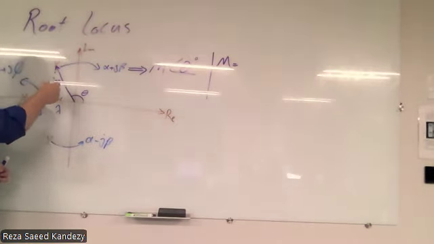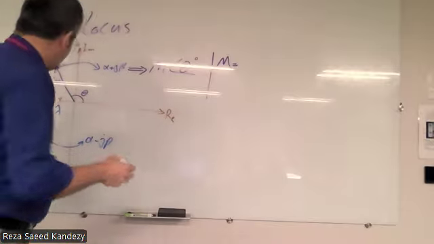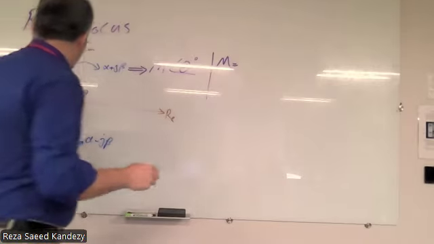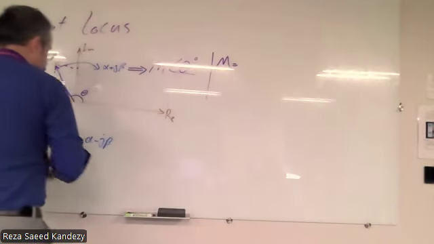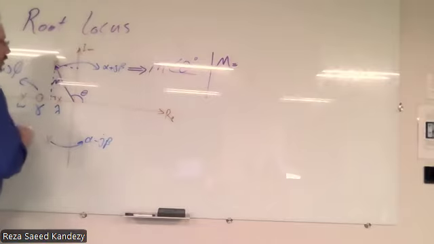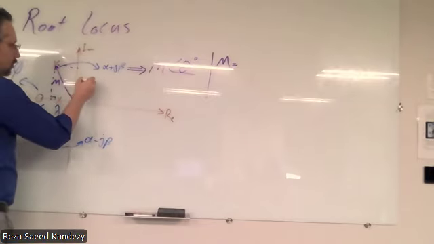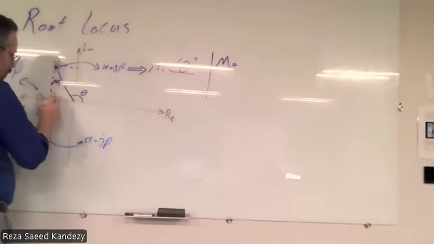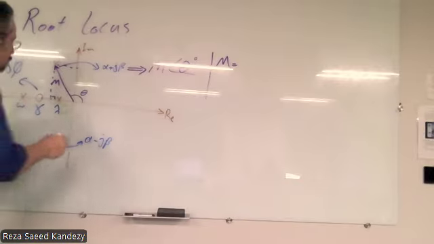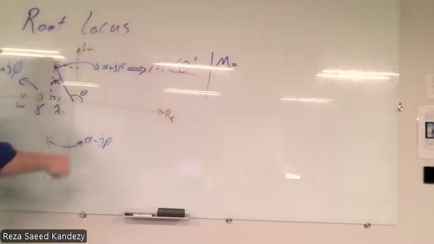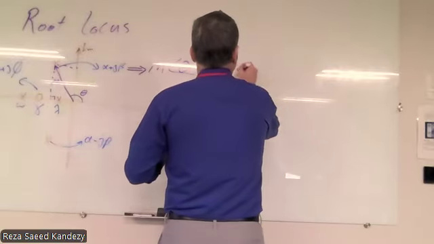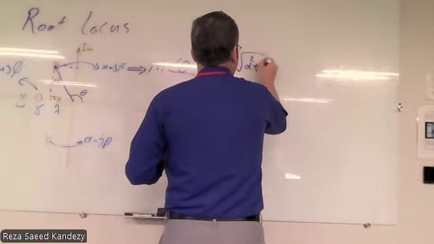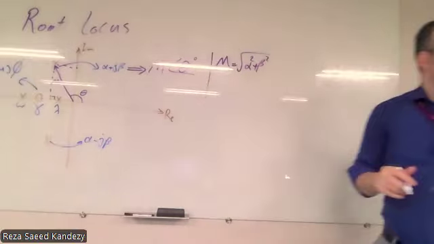We can use the triangle relation, and this is a 90 degree angle. So this value here is beta, and this value here is alpha. So the length of this vector is going to be the square root of alpha squared plus beta squared.